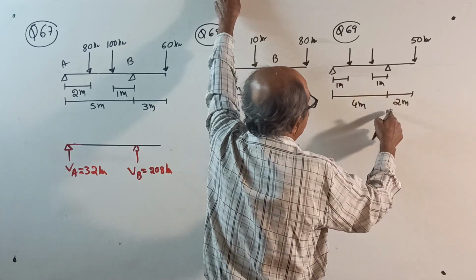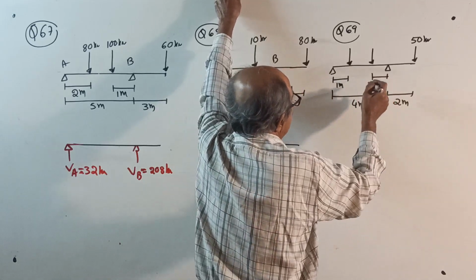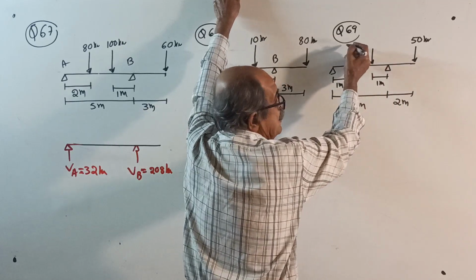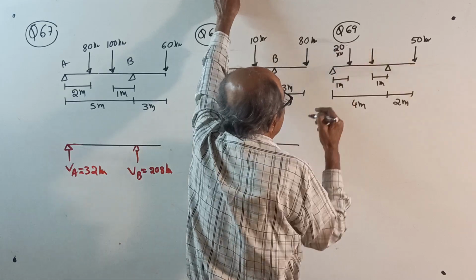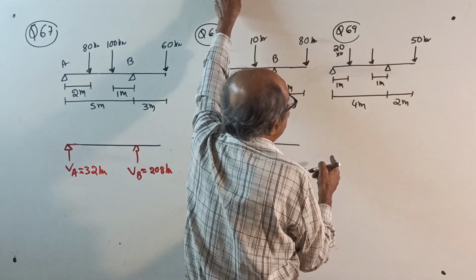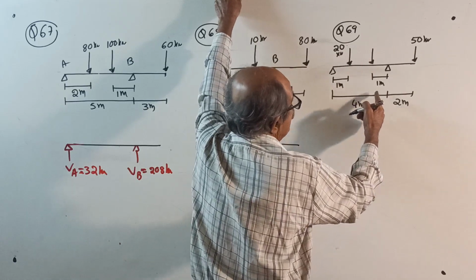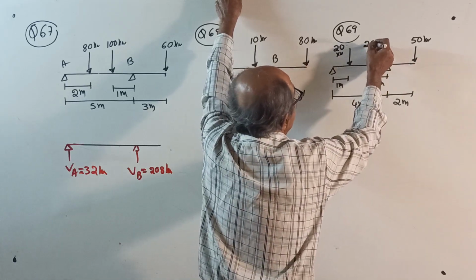I want 100 total. 20 kilonewton, 20 into 360, 20 kilonewton, 20 into 480, again 20 kilonewton.